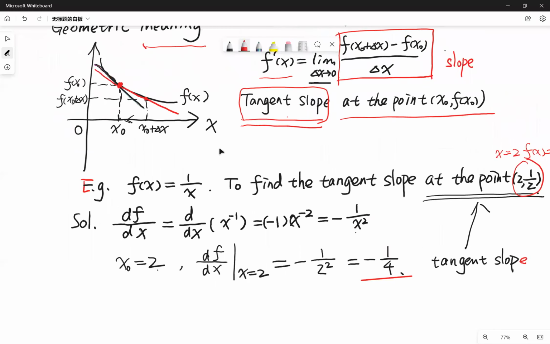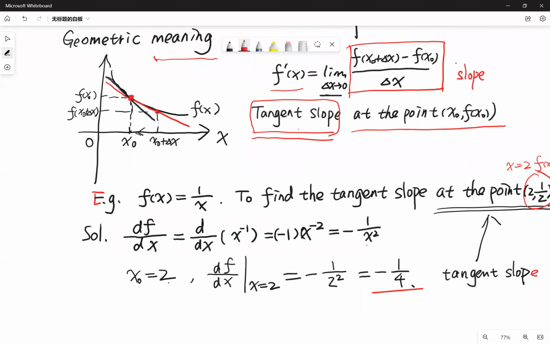You can see in this one, when x is 2, its corresponding value of the function is f(2). Here, f(2) is 1/2. So we can locate this point, right?